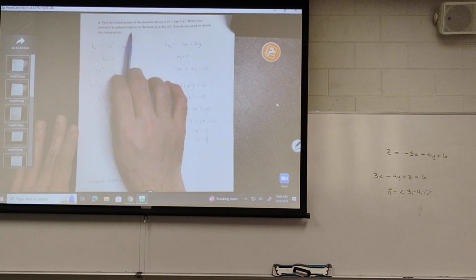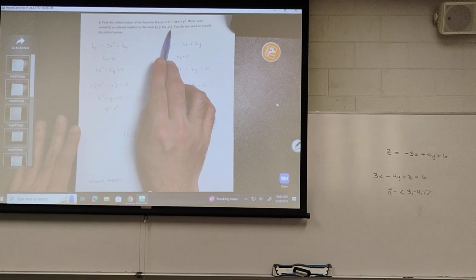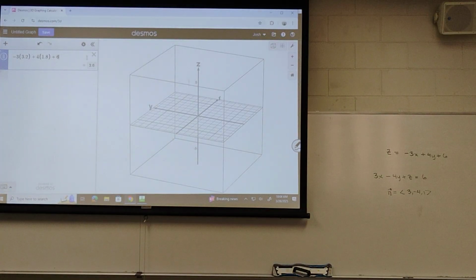Rereading the prompt, write your answers in the form x, comma, y, comma, z. So I need the z coordinate now. No worries, we've got Desmos in front of us, we've got a calculator.